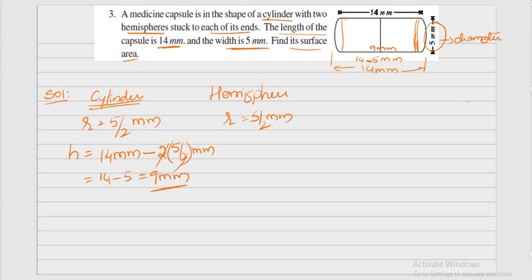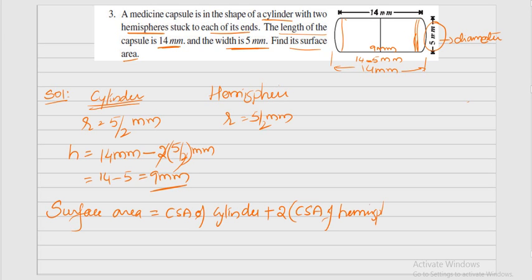So since I got all the dimensions, right? When I know all the dimensions, directly I can go with surface area. So surface area is nothing but CSA of cylinder plus, since both the hemispheres are congruent, I can directly take 2 times the CSA of hemisphere.